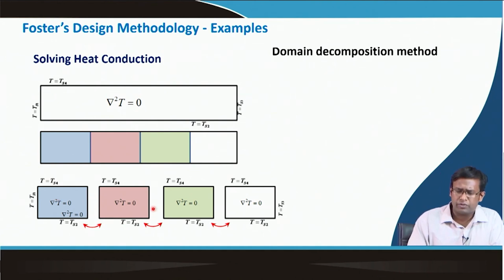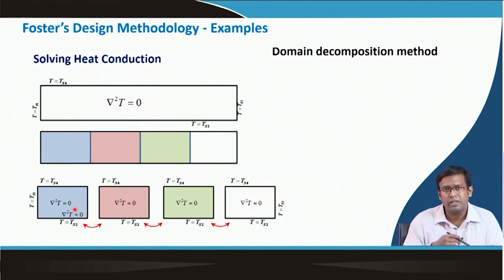Independently we solve the problem inside each subdomain, but there is a requirement of specifying boundary conditions at the domain boundaries, as well as establishing the continuity of the solution. Therefore, the solution at this domain needs to be exchanged and matched with the solution at that domain, as there is a data exchange requirement from this domain to that domain.